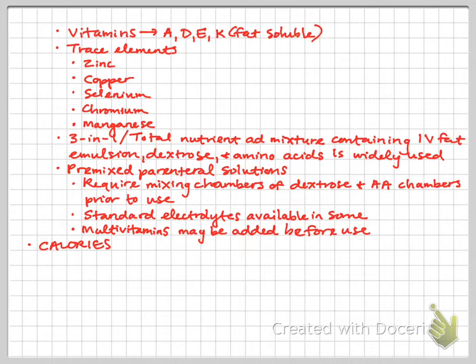Well, it makes sense that we wouldn't want to break down those tissues because they're making up the organs of our body. So that's why it's the last resort. So when we're talking about the source of calories within a parenteral nutrition bag, the patient will receive carbohydrates or sugars in the form of dextrose.